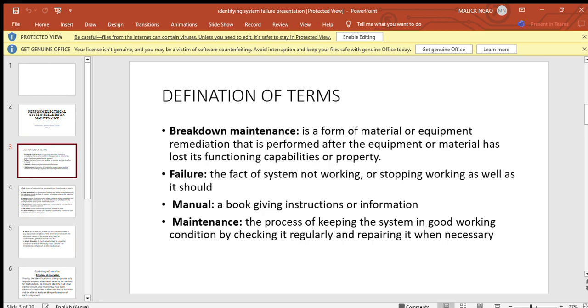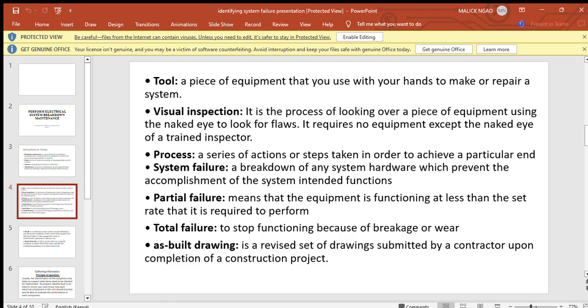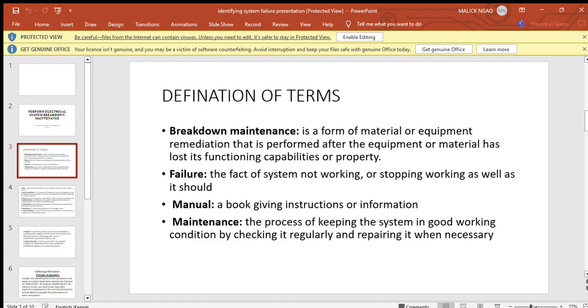Who can explain to us what a tool is? Malik, are you in class? What is a tool? Yes, that is correct. Our next term is visual inspection.